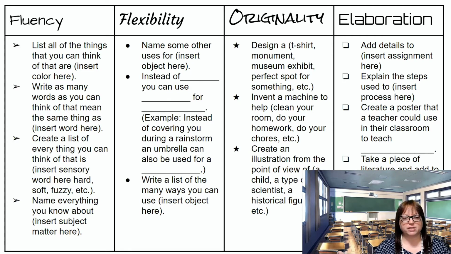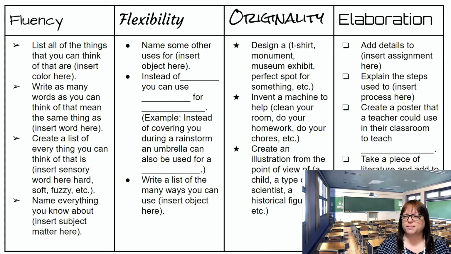Write as many words as you can think of that mean the same thing as whatever. Create a list of everything you can think of that is fuzzy, soft, rough, whatever. These are all just lists, remember? Fluency is just making a list, okay?